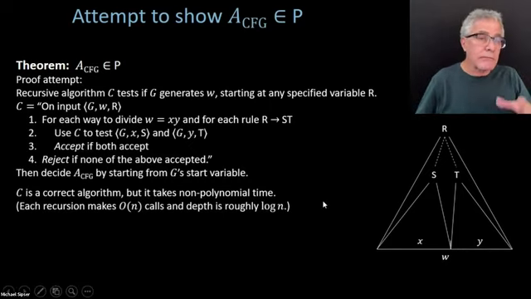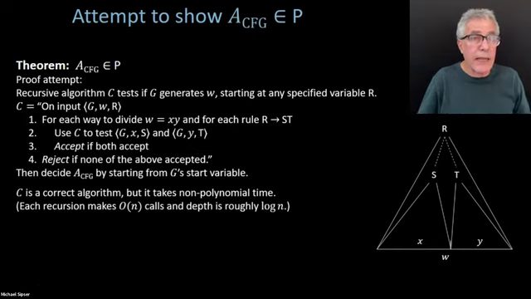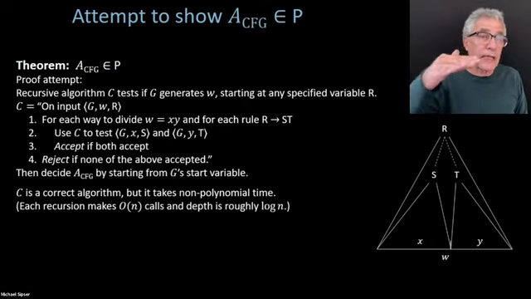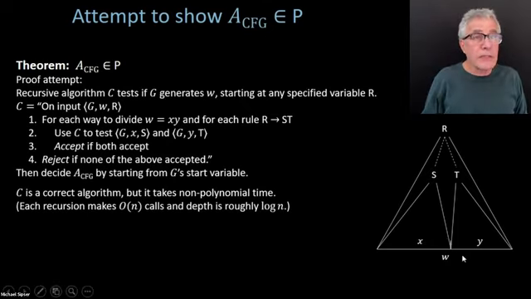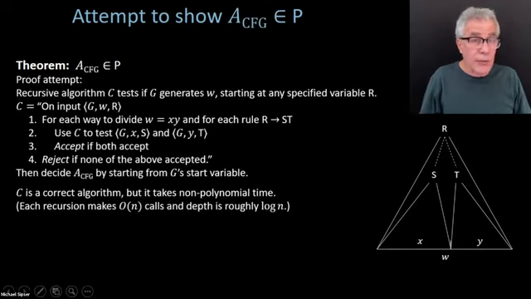And you can imagine, I'm just doing a very crude analysis here, depending upon how you divide W up, but roughly speaking, it's going to get divided in half each time. So there's going to be log n levels. And so that means you're going to be multiplying n by itself log n times, which gives you an n to the log n algorithm. That's not polynomial, because polynomial is n to the constant for some fixed constant. N to the log n is not going to be polynomial. So this is not a polynomial algorithm.